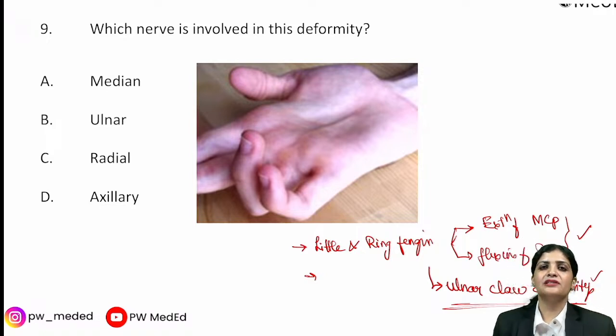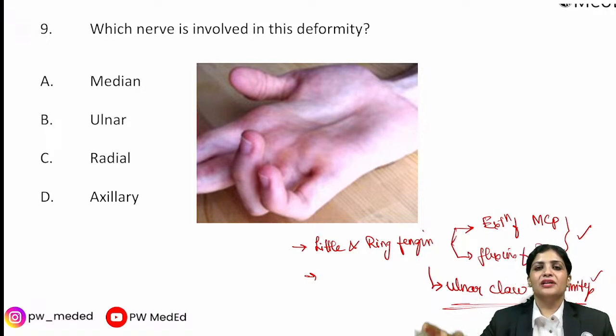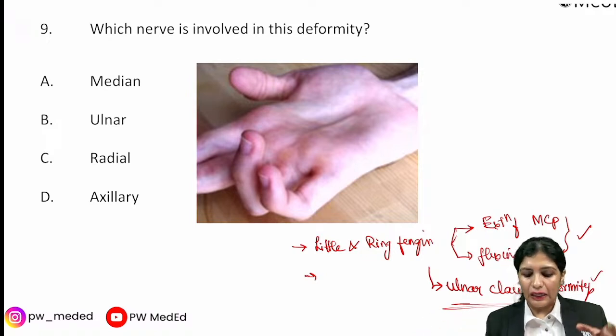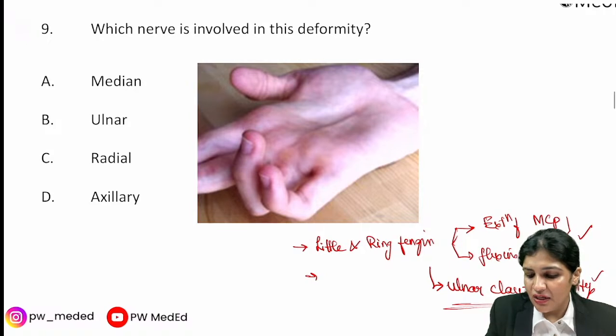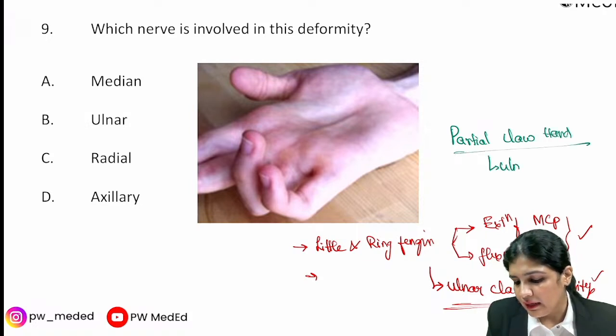Usually lumbricals help for the flexion of MCP and the extension of IP. So there is a reversal of this action of the lumbricals, which is called ulnar claw. So this is a partial clawing. This is an example of a partial claw hand, and this is ulnar nerve palsy, right?